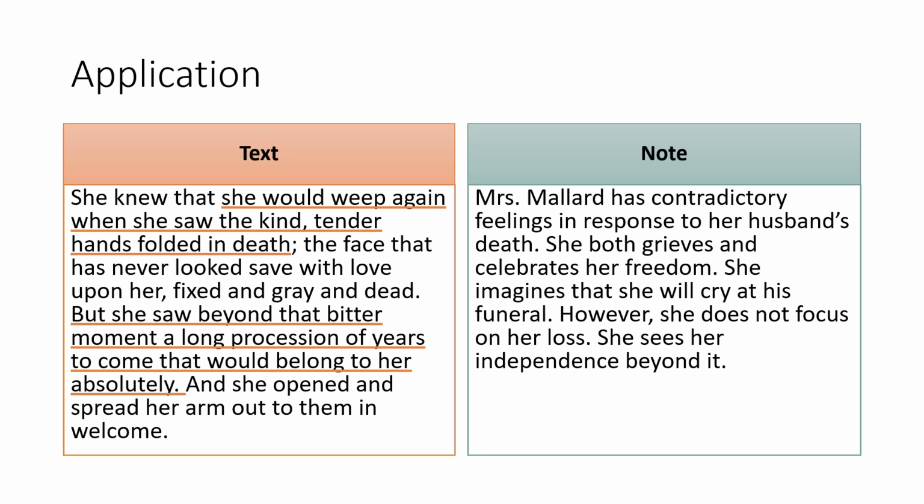In the text, the reader highlights that Mrs. Mallard will weep again when she comes face to face with her husband again at his funeral. He also highlights the detail that she sees beyond her initial grief. The reader uses this evidence to support his analysis that Mrs. Mallard simultaneously grieves her loss and celebrates her freedom.